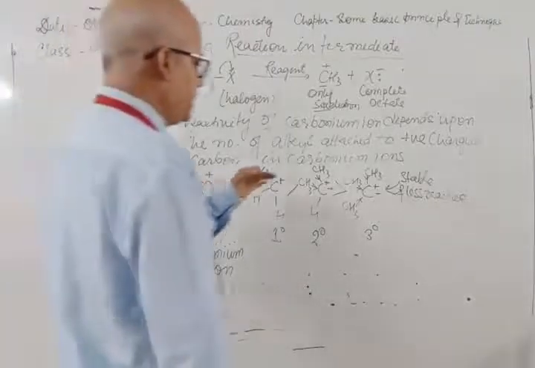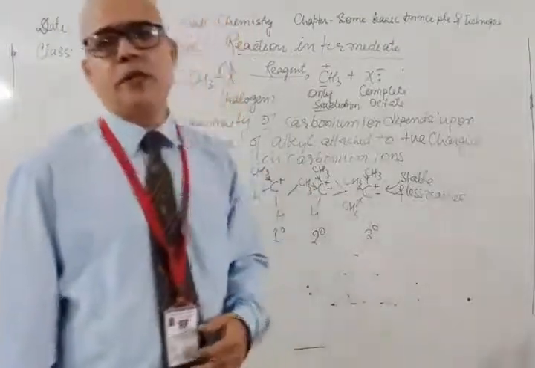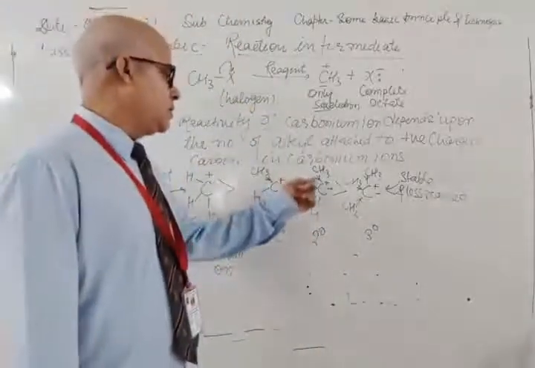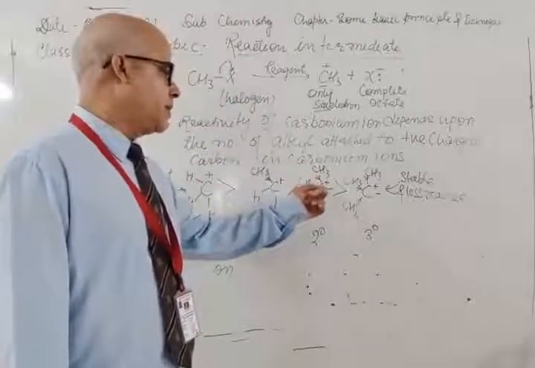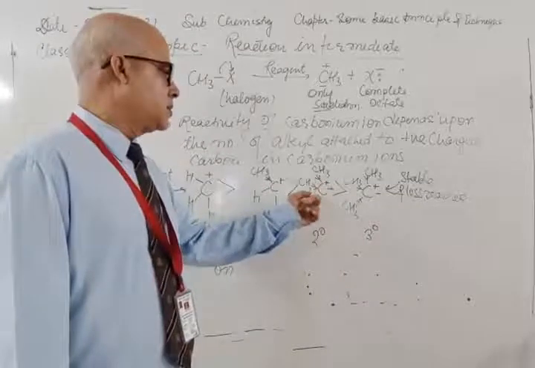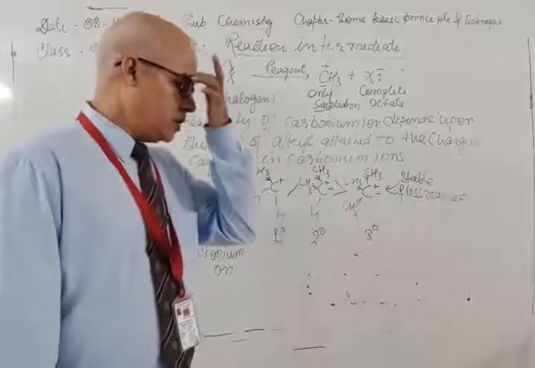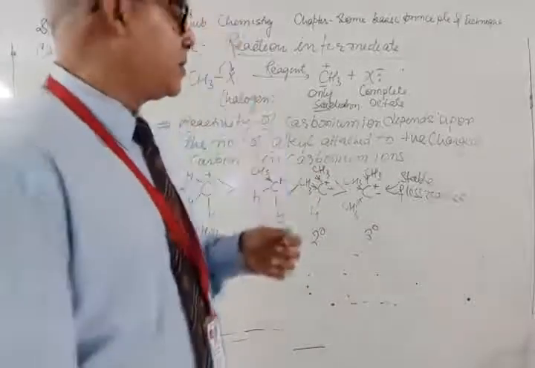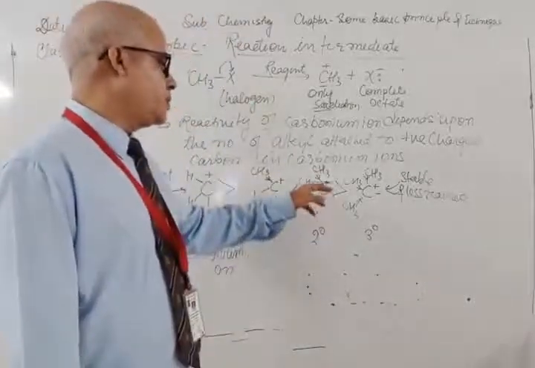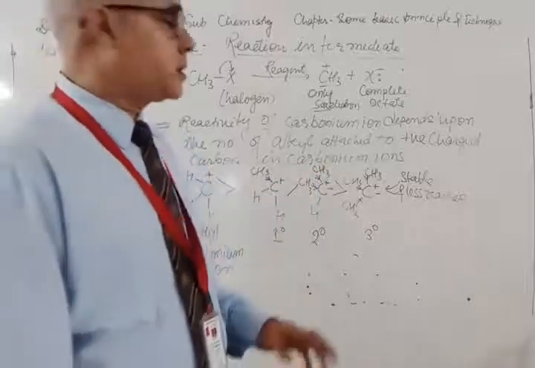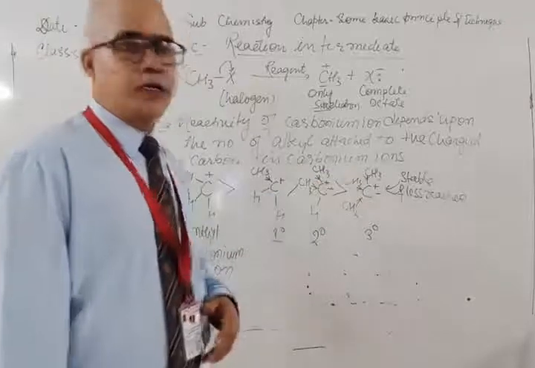In the next chapter we will study hyperconjugation and the inductive effect. Due to the inductive effect, the electronic charge density on the carbon decreases, and you will study this in hyperconjugation. If any alkyl group is attached to the positively charged carbon, this may cause hyperconjugation.